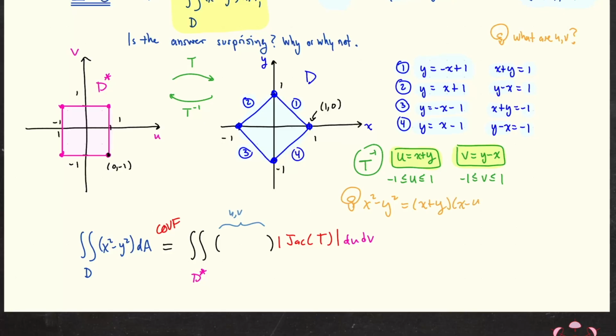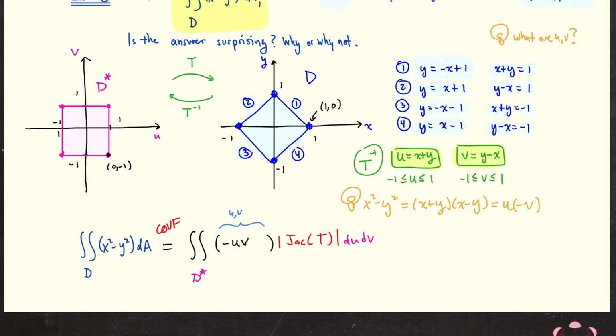And factoring is fantastic, so there it is. When we start replacing pieces, you can see that x plus y is u, but x minus y is the other piece. I don't have that. I have y minus x, but that's okay. Just make the tiny adjustment where we're going to have a negative v. And what we've got then is that when we change our variables, x squared minus y squared just becomes negative u times v.